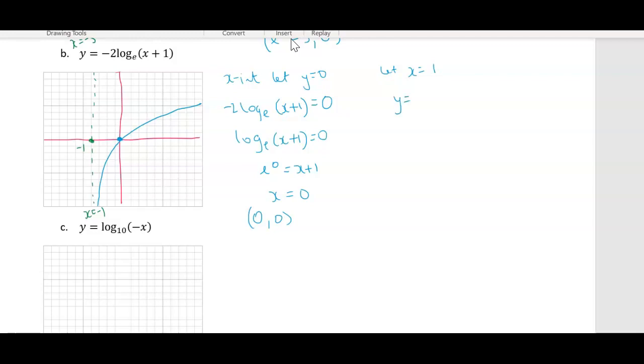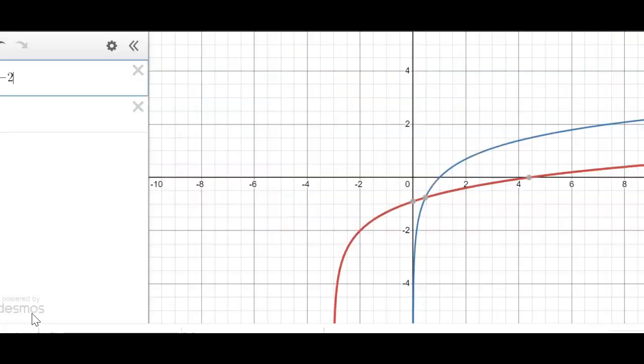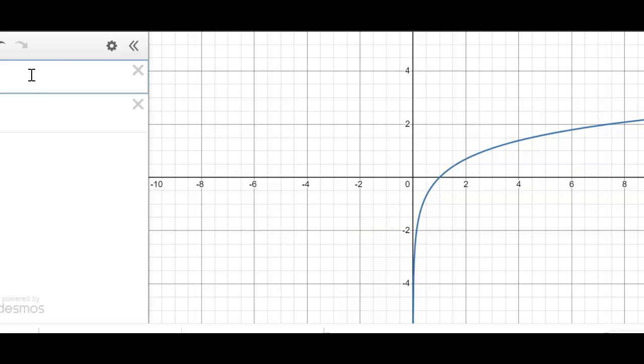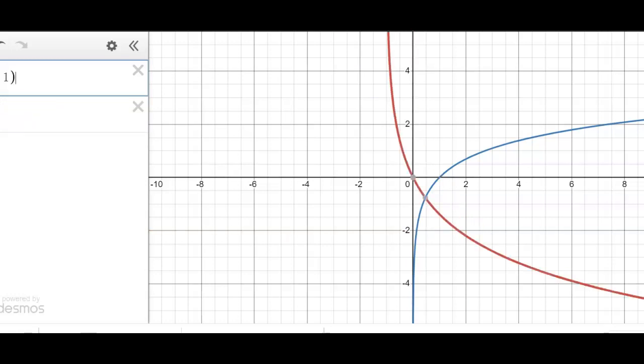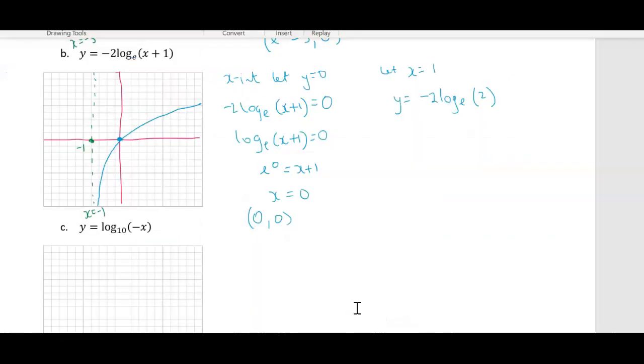When x equals 1, y is equal to negative 2 log e (1 plus 1), which is... And if we're sketching that, let me just go here. What was it? Negative 2 log (x plus 1) at, I don't remember.